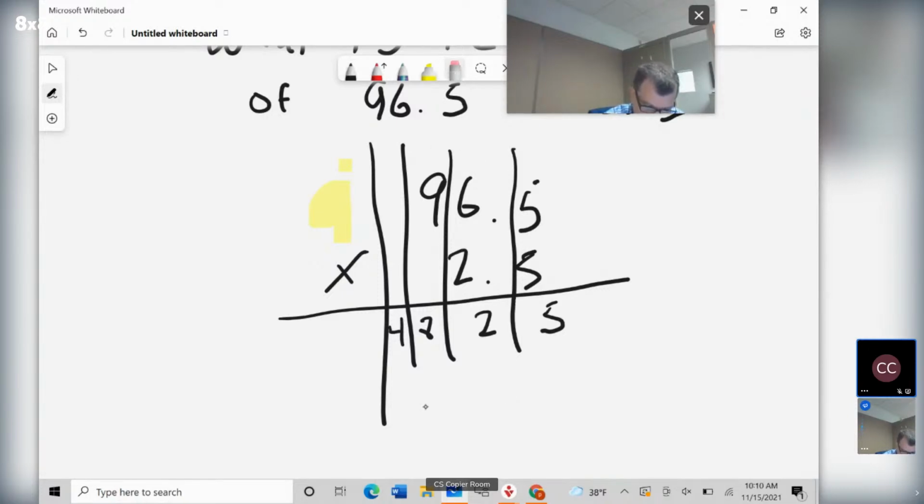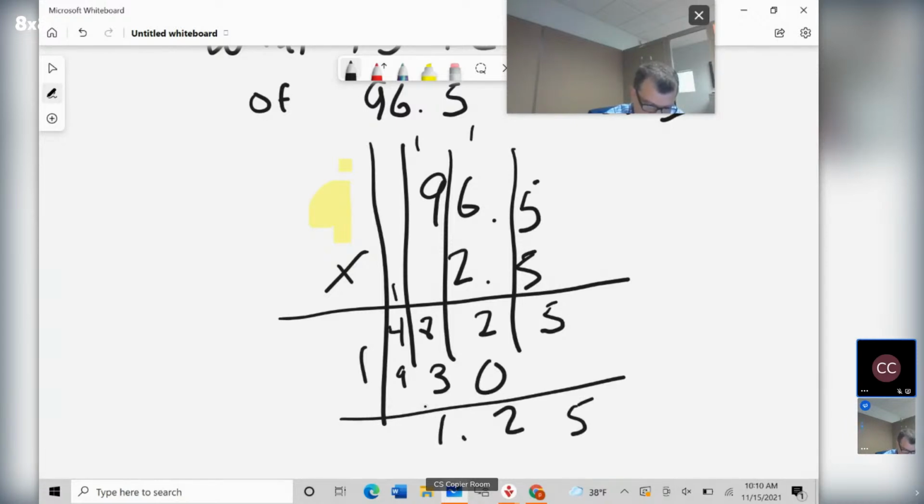We're going to carry the 1. 2 times 6 is 12, plus the 1 is 13. And then 2 times 9 is 18, plus 1 is 19. So it's going to be 5, 2, 1. We carry the 1 here. 5 plus 9 is 14, carry the 1. So it's $241.25.